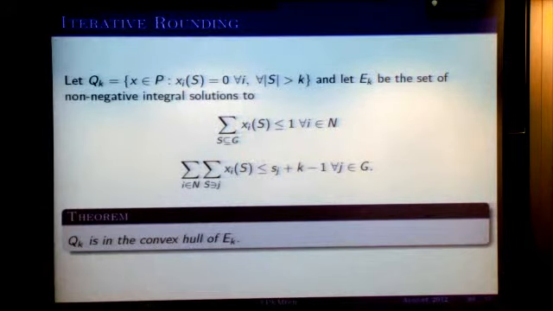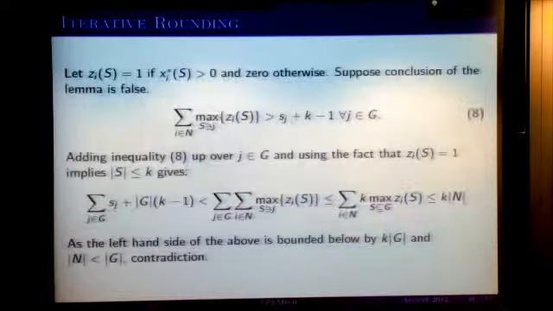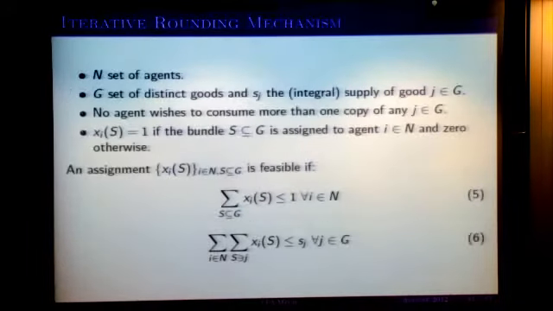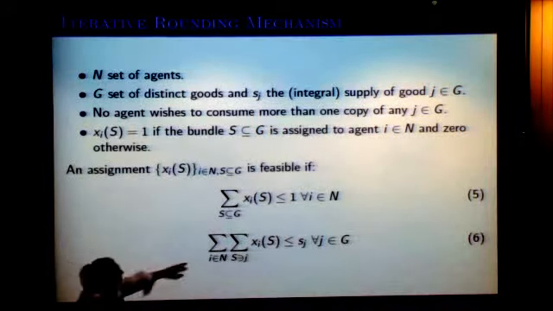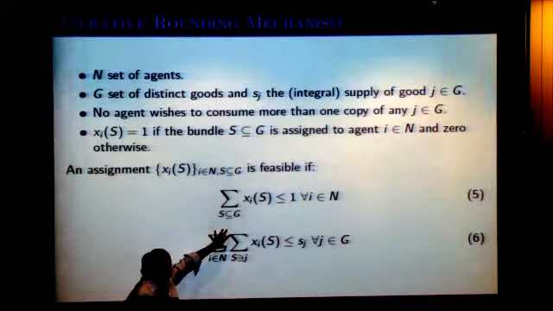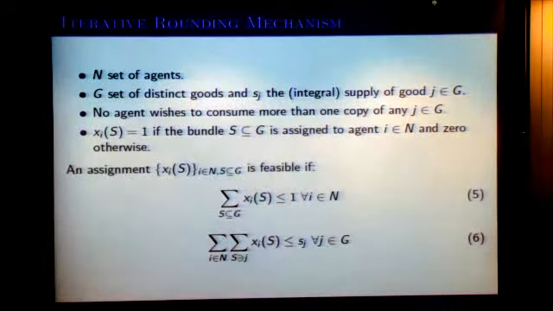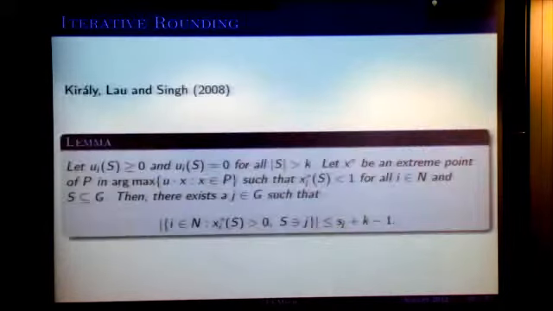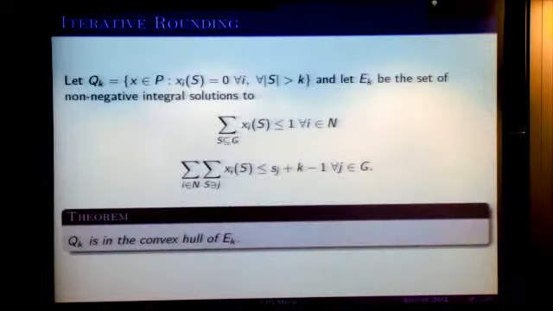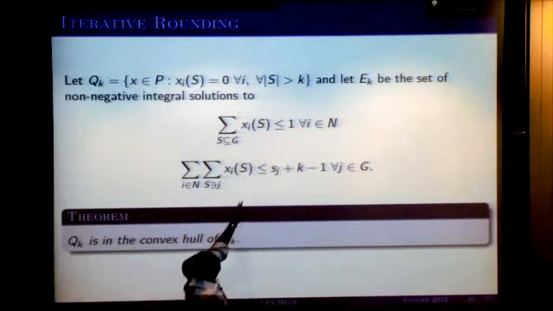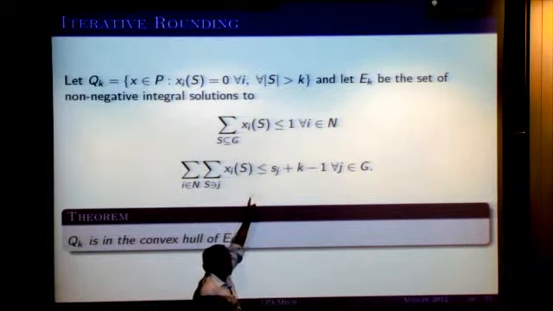Here's a new result: take any fractional solution of this, and it can be written as a convex combination of integer solutions that satisfy this.